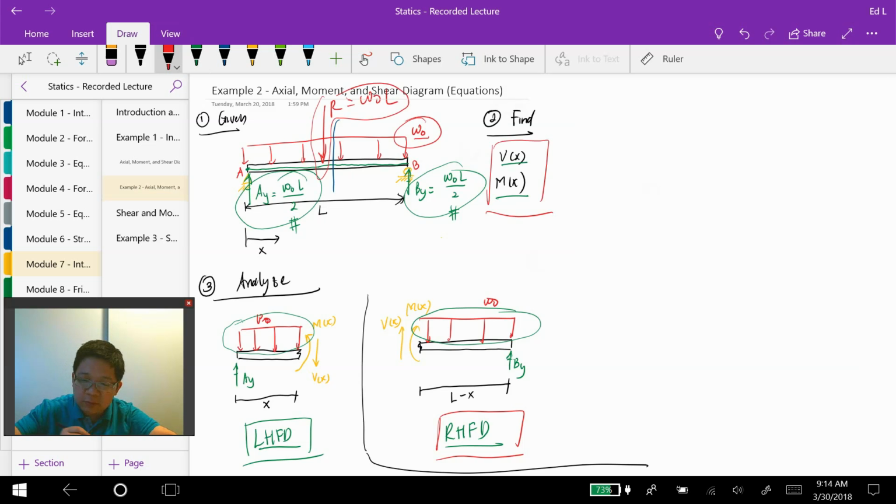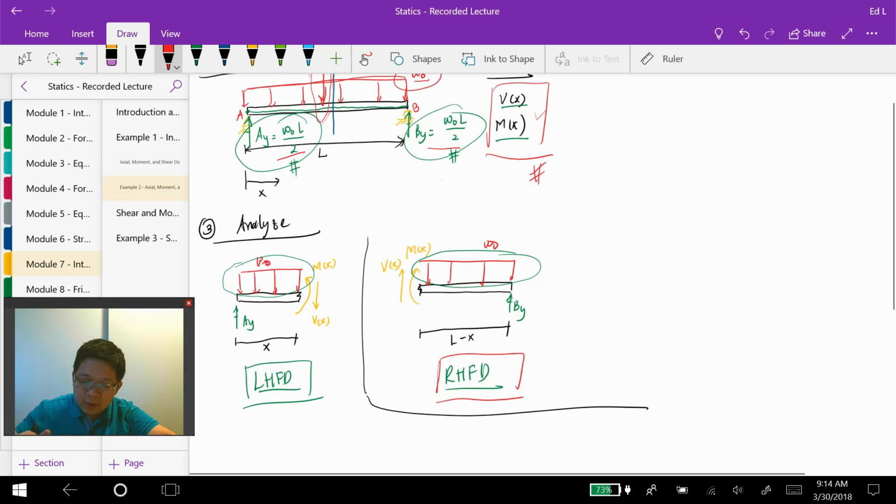So do not simplify the distributed force when you make a cut in order to calculate the internal force equations. But you can make the simplification, this resultant, to calculate the reaction forces. That's totally fine, and in fact that's how you're going to do it. But for the internal force, you have to consider the load as a distributed load instead of a resultant force.